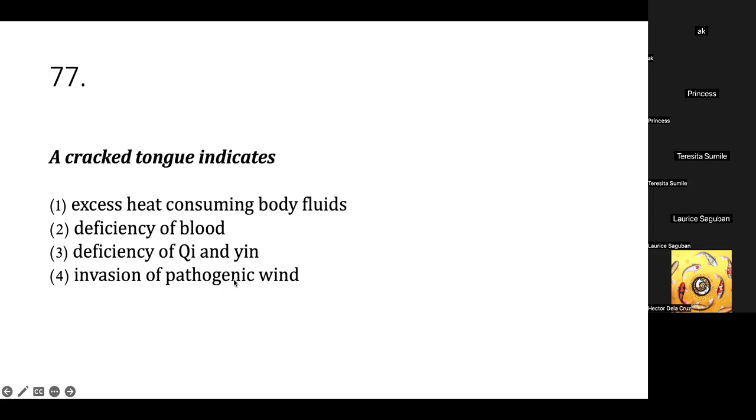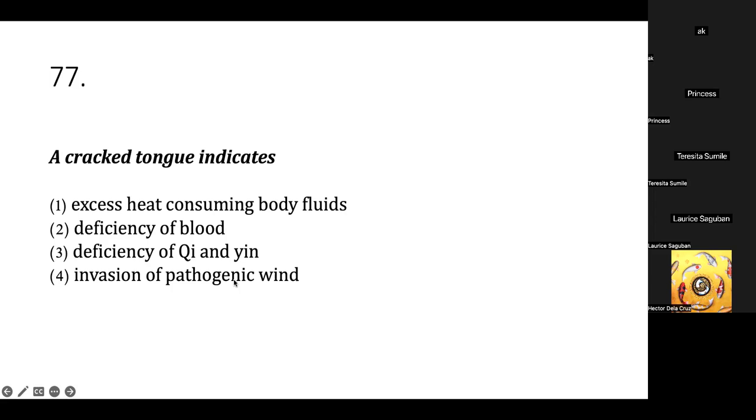Excess heat consuming blood fluids and deficiency of Qi and Yin. Pwede rin kulang sa dugo. Yin deficiency rin. Blood kasi is yin. So 1, 2, 3.